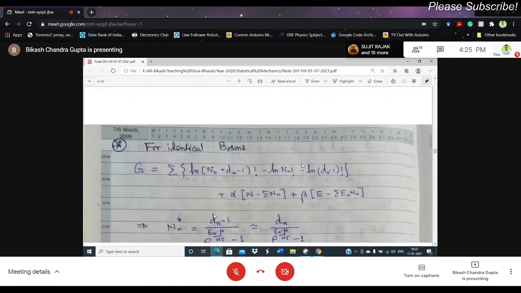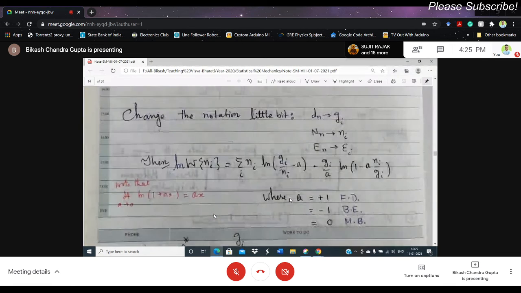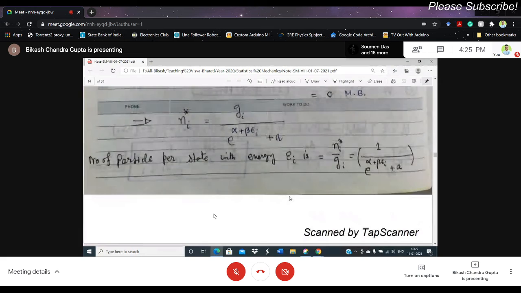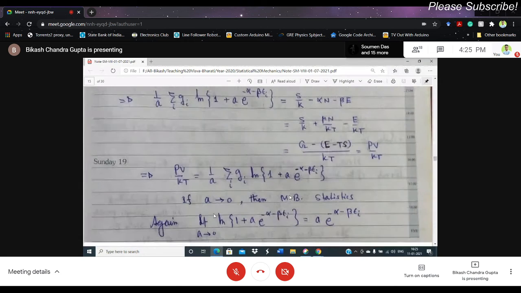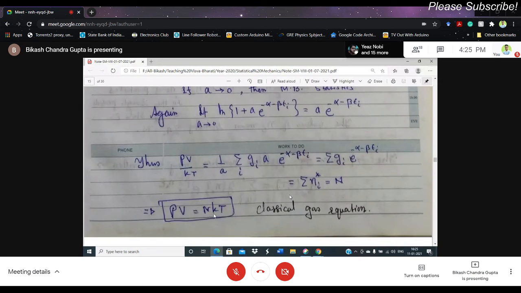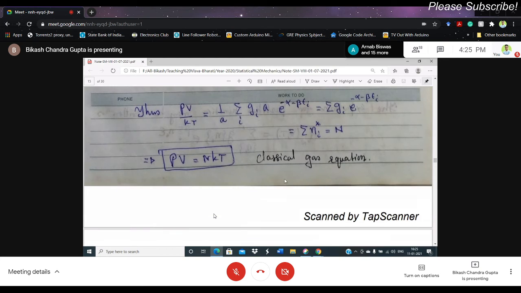That is what we have substituted here. So this is ni star, because we have done it for the most probable distribution. Then the sum over ni star is of course N. Then PV by kT equals N, and therefore PV equals NkT. So it reproduces the classical equation of state for the gas.